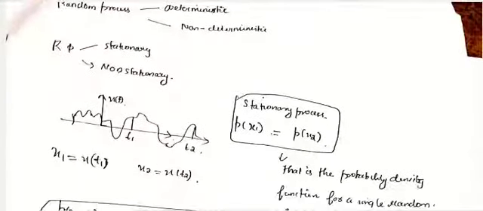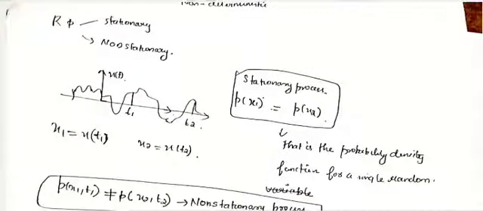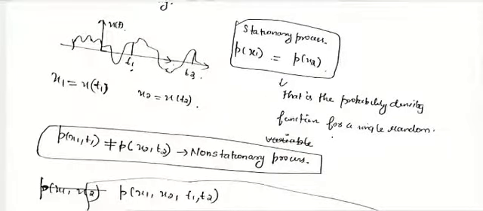And now coming to stationary and non-stationary processes. If we are taking a function x of t, and the time t1 is taken and time t2 is taken, and the probability of x1, that is x of t1, and the probability of x of t2 are the same. This is a probability density function for a single random variable.